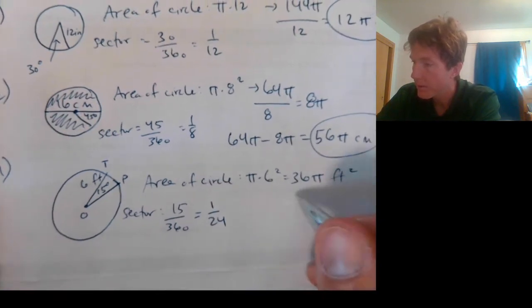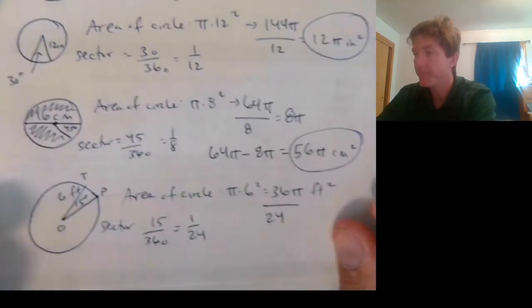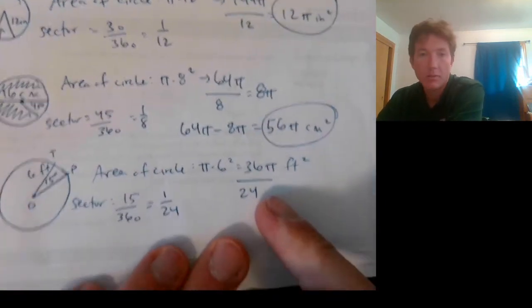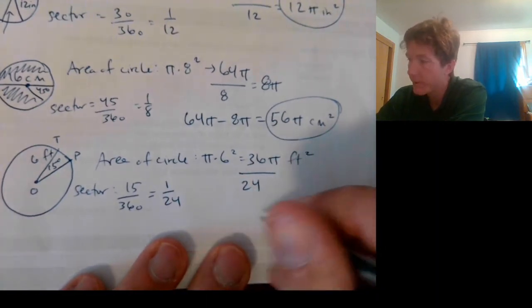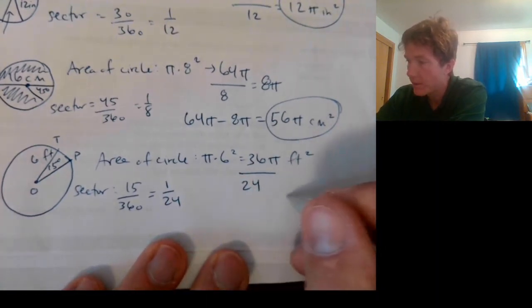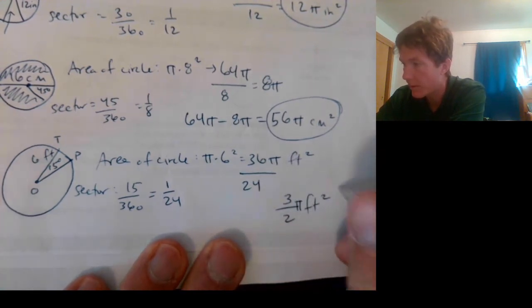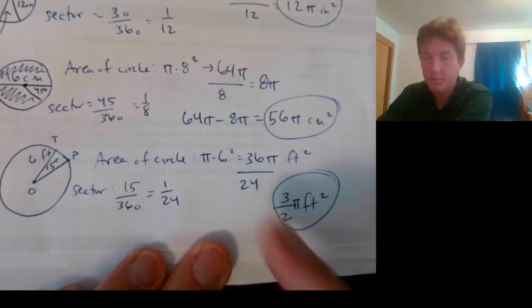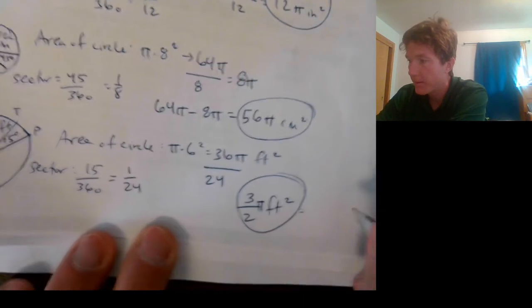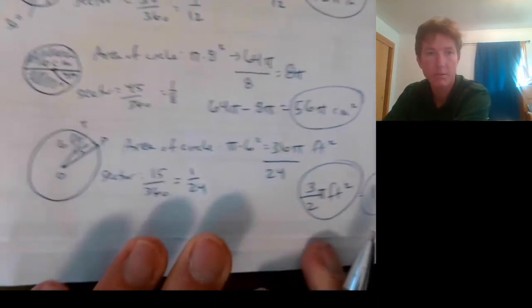So I just can either multiply this by 1/24 or I can divide it by 24. 12 goes in each of these 3 times and 2 times. So the answer is going to be 3 over 2 pi, don't forget the pi, feet squared. Okay, if you want to put that in a calculator, you'll get 1.5. So that's the same 1.5 pi, don't forget the pi, feet squared. That's going to be your final answer there.